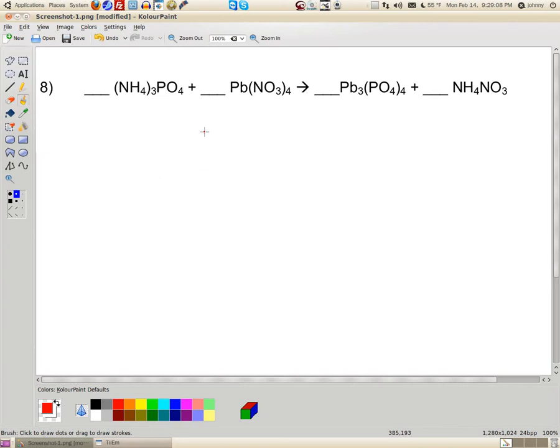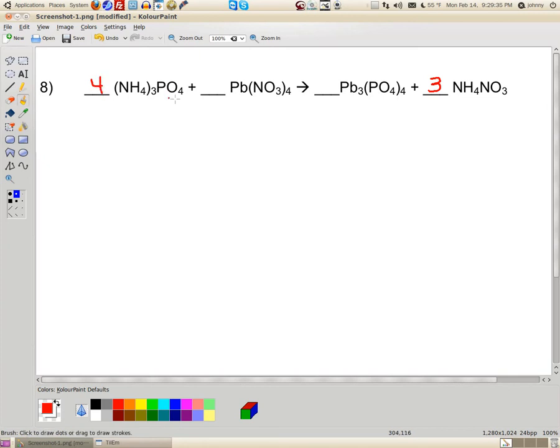So let's go ahead and try to balance this. Here I have 3 NH4s. Over here I only have 1, so I'm going to put a 3 here. Okay, now that's balanced on the NH4s. Now on the PO4s, here I have only 1 PO4, 1 phosphorus and 4 oxygens, but over here I've got 4, so I need to put a 4 here.